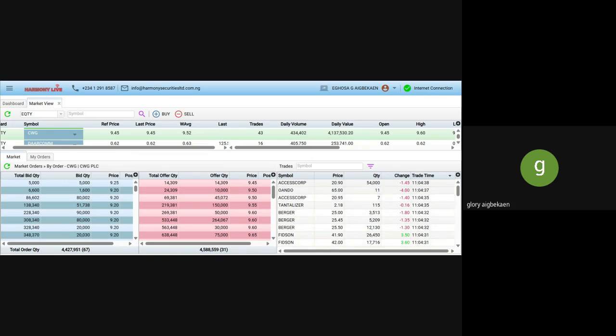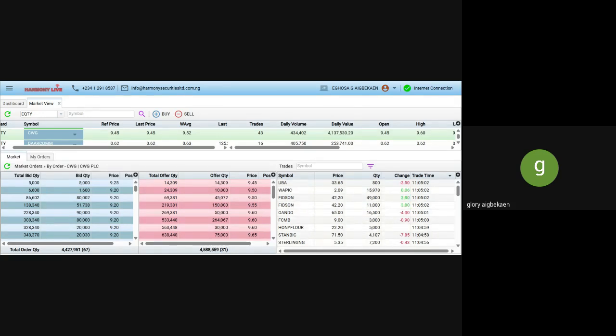It's a technology company, and they do more of software than hardware. All these applications the banks are using, they are the ones supplying them, they are the ones maintaining them.